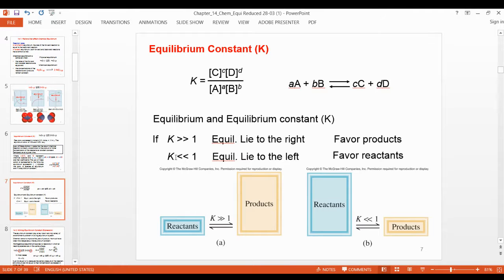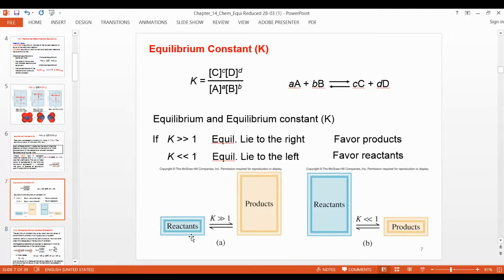If the equilibrium constant K is less than 1, it means that the equilibrium lies to the left. Left means the products change back to reactants, so look at part B, in which all products change to reactants, so reactants become more. That is the condition of K less than 1.